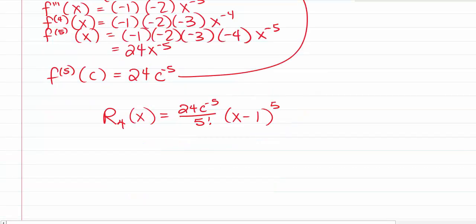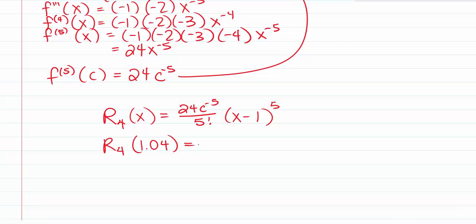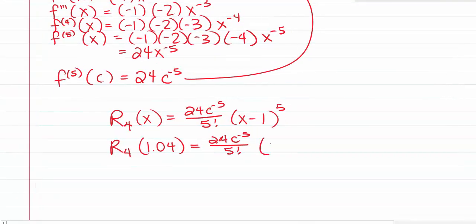And we're looking at our x value being 1.04, so we can plug that in. We're looking particularly for r sub 4 of 1.04. That's the point we're trying to estimate, so we're going to get 24c to the negative fifth over 5 factorial times 1.04 minus 1 to the fifth.